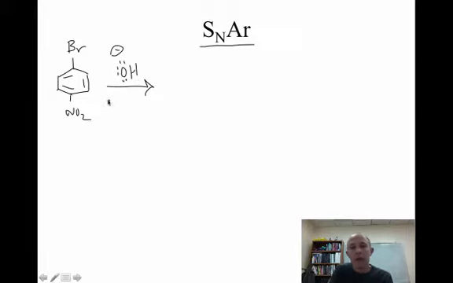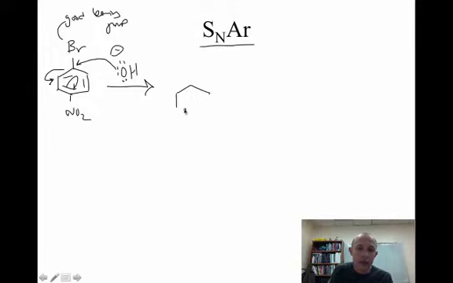What you must have for nucleophilic aromatic substitution is a good leaving group and a very strong electron withdrawing group in the para or the ortho positions, or both. Because what's going to happen is hydroxide is going to add to the same carbon where bromine is via nucleophilic attack, which is then going to create a stabilized carbanion, right?